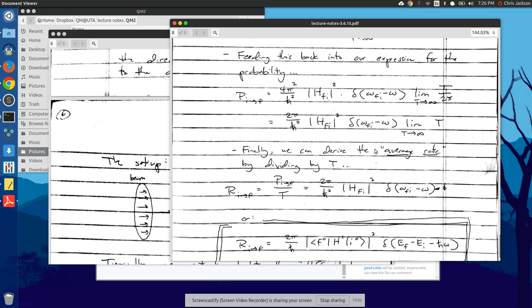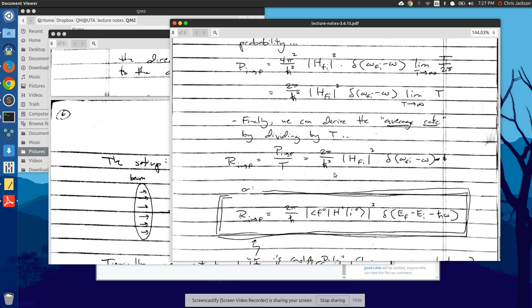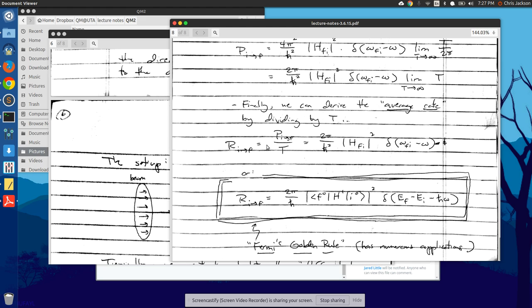But what I'm after is not the probability, but the rate, actually the average rate, right? So what I would want to do is take this probability and divide it by big T. That would give me the average rate. And if I do that, then that big T is going to cancel this big T, and the limit of 1 as T goes to infinity is just 1, right?